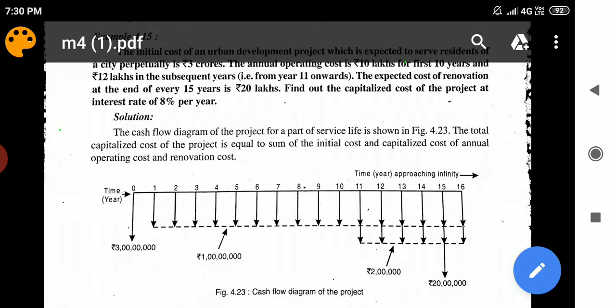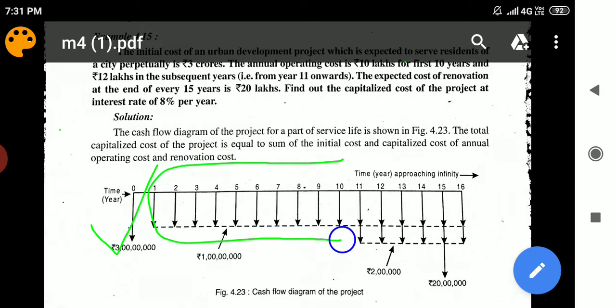What he mentioned is 3 crores resident initial cost expenses. The annual operating cost is 10 lakh up to the 10th year. For years 1 to 10, we have to pay some amount as annual operating cost.